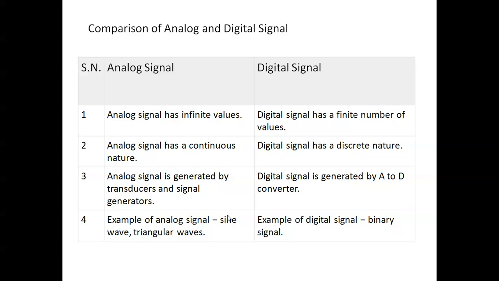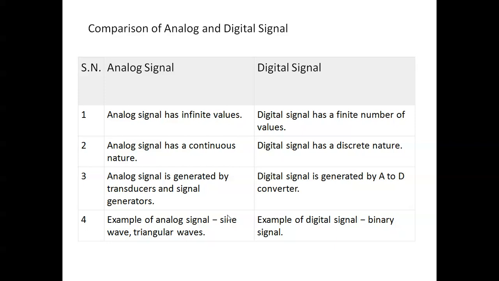And finally, we have the comparison of analog and digital systems. This might be asked for marks. The analog signal has infinite values, and the digital signal has a finite number of values. The analog signal is continuous time, a natural signal, and the digital signal is discrete in nature.